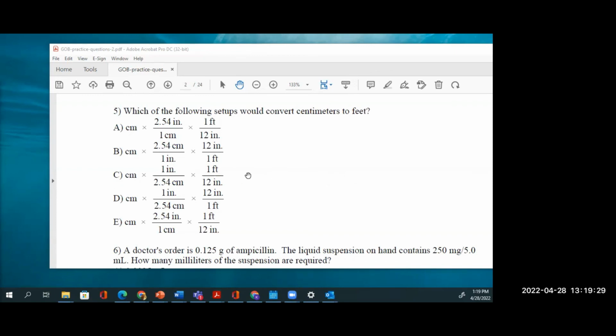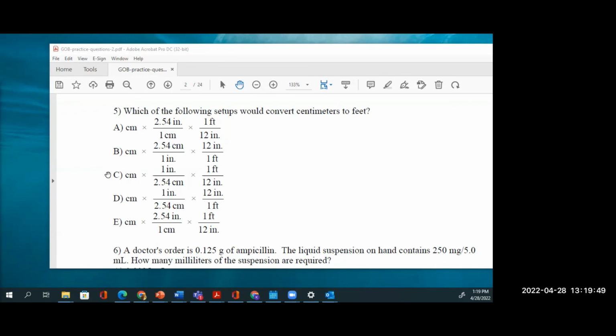Which of the following setups would convert centimeters to feet? A, B, C, D, or E? So let's look at A. Does A work?